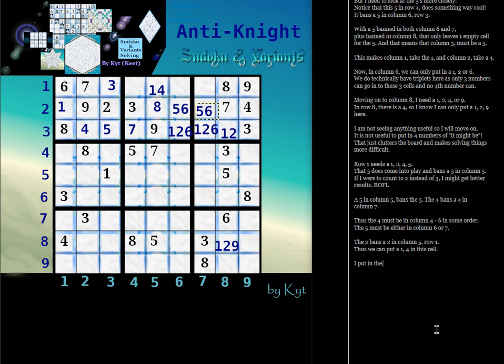I put in the 5, 6 markings. I can use them perhaps.